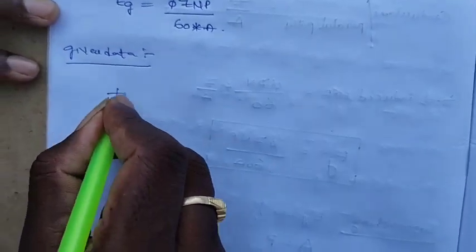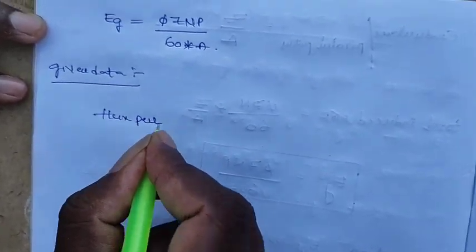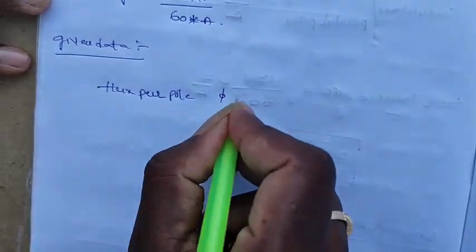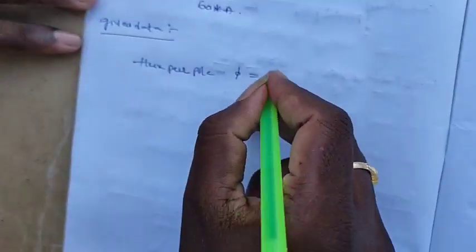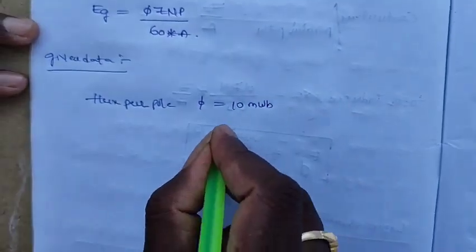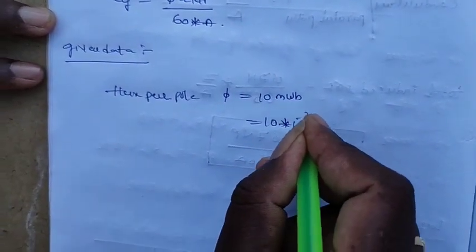What they have given is the flux per pole, φ, which is 10 milliwebers. Milli means 10 power minus 3 webers.